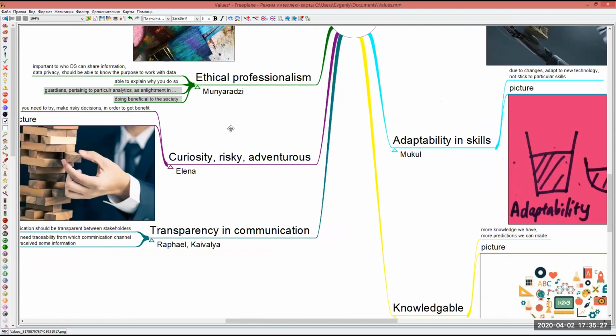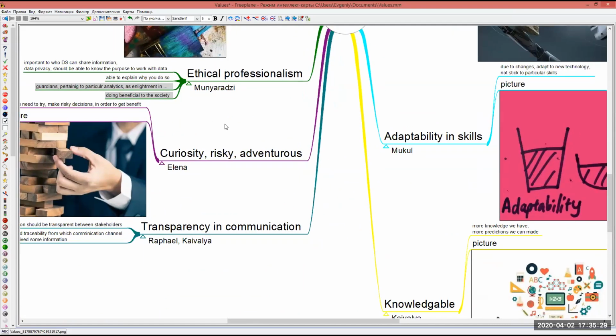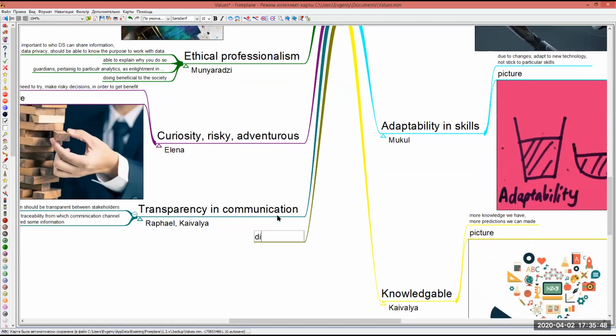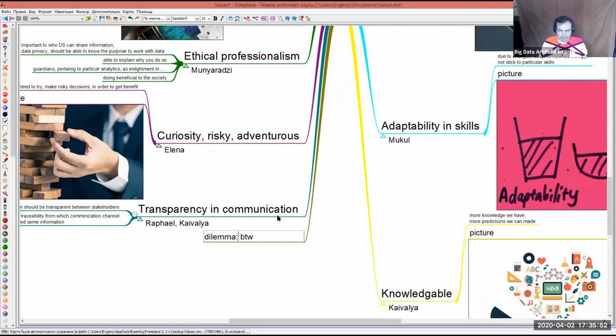The whole thing that business wants is getting profits. So as a data scientist, you are faced with a dilemma in which you want to benefit the business. At the same time, you want to make sure that the society benefits from it, which is a problem.